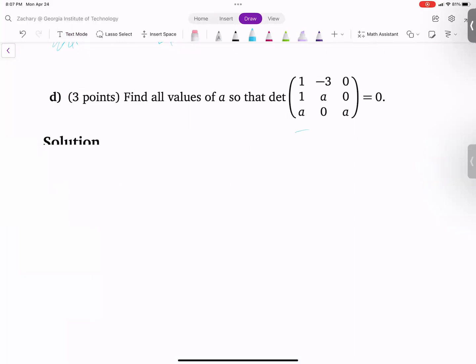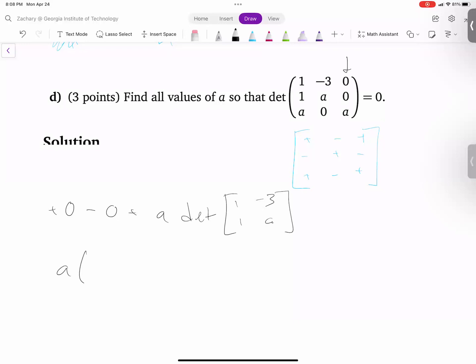Step 1 is I always draw my plus or minus matrix. Oh, that's a minus. And from here, working down this column, we get plus 0, minus 0, plus A times the determinant of 1, minus 3, 1, A. You can also do cofactor expansion on a 2 by 2, but you know it is just the formula, AD minus BC.